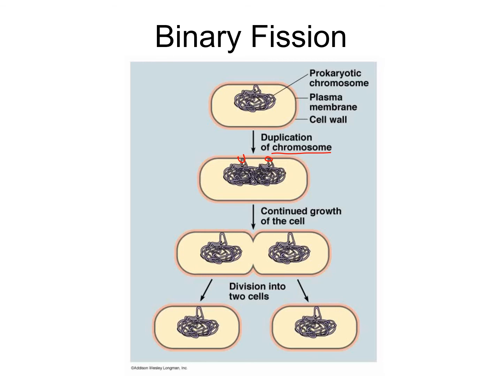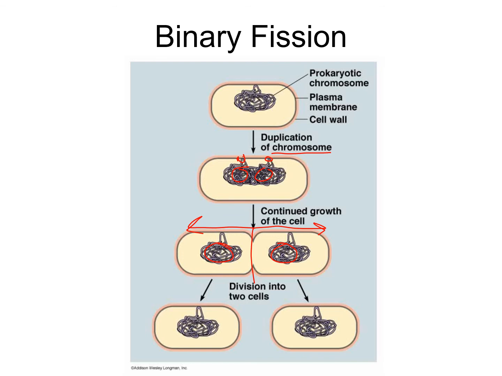So the only way that the bacteria can separate these two copies of the chromosome is to elongate. So the bacterial cell just physically grows longer. Once these two copies of the chromosome are physically separated, then the bacterial cell divides.